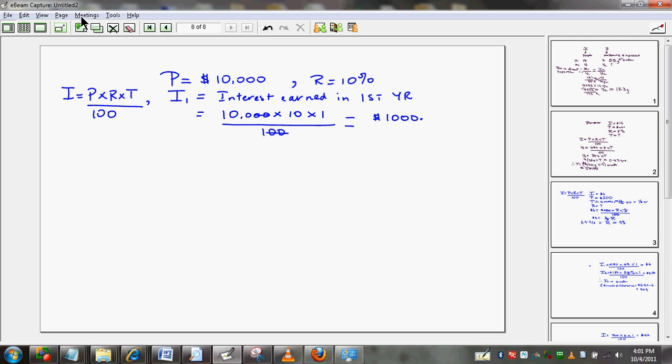So let us say his principal now, at the end of the first year, which would be the same thing as the principal at the beginning of the second year.